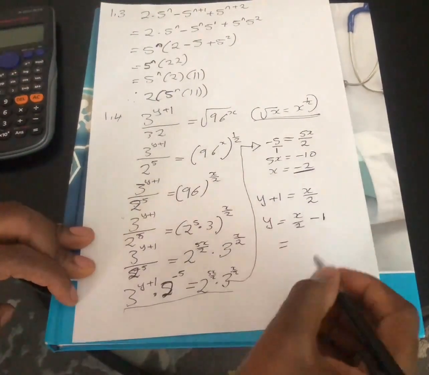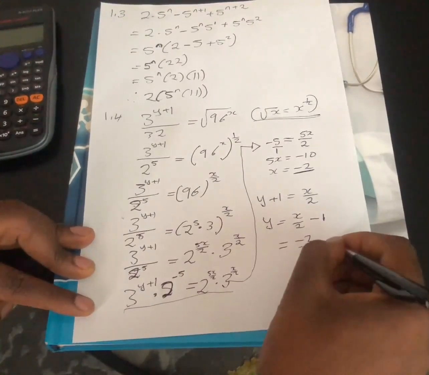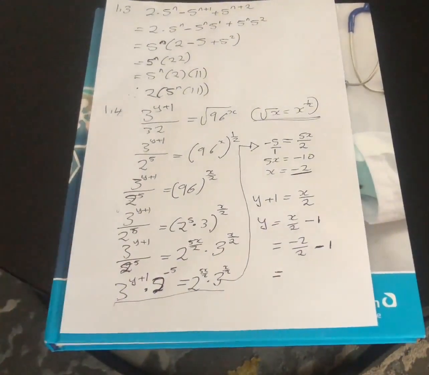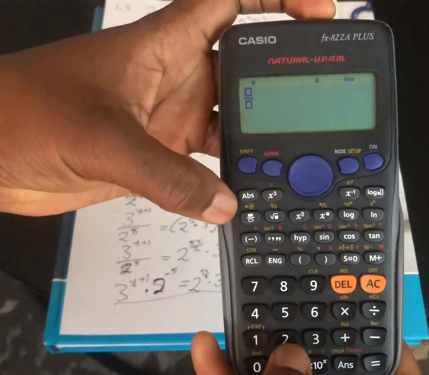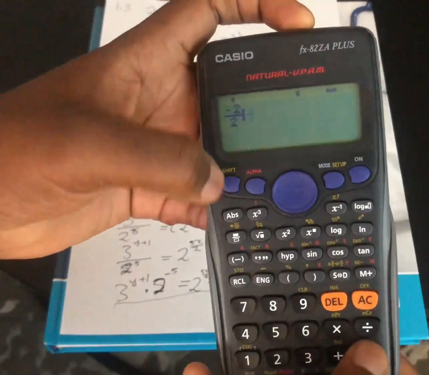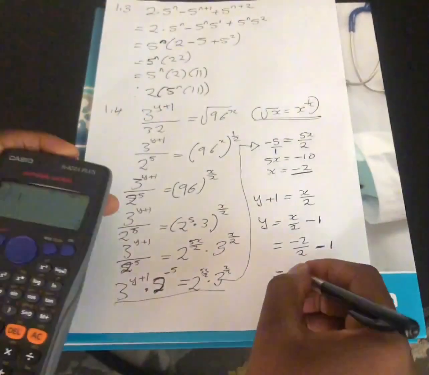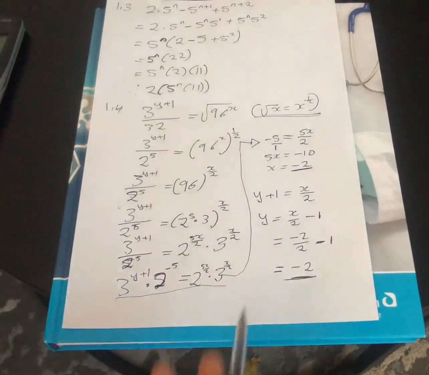We can replace x by negative 2 to have negative 2 over 2 minus 1, which is equal to, use a calculator if you are not sure. It's very important to always depend on the calculator to avoid making silly mistakes. Negative 2 over 2 minus 1. The answer is negative 2. These are the solutions of x and y, question 1.4.